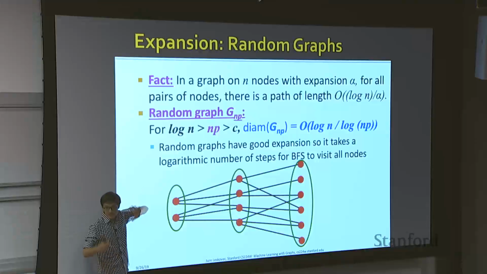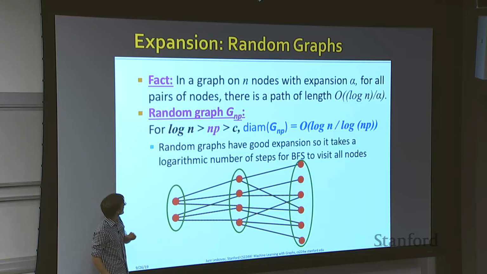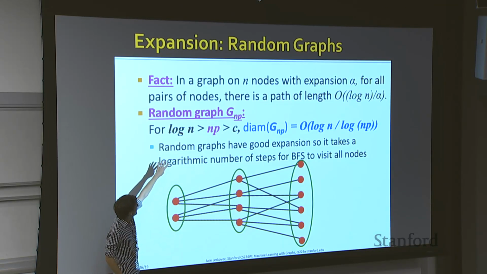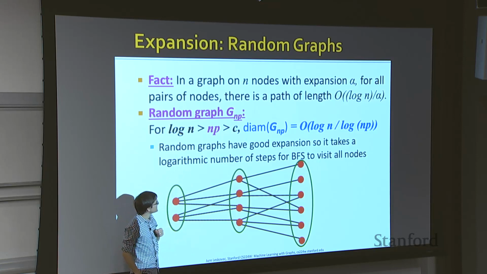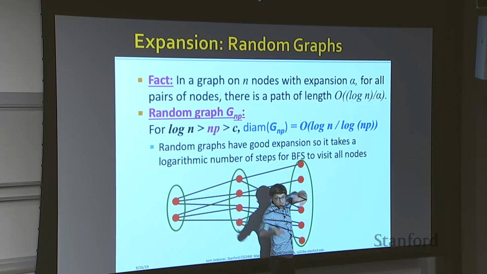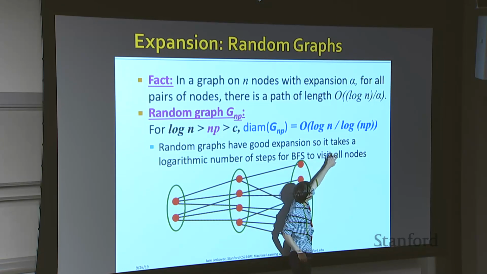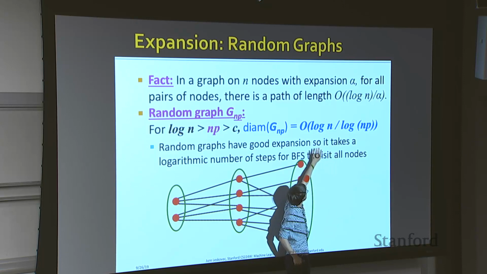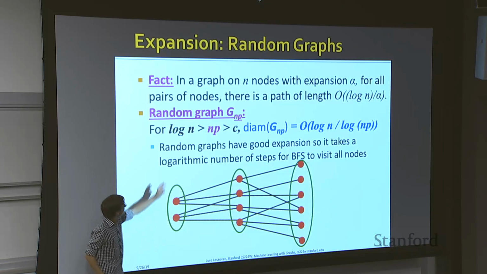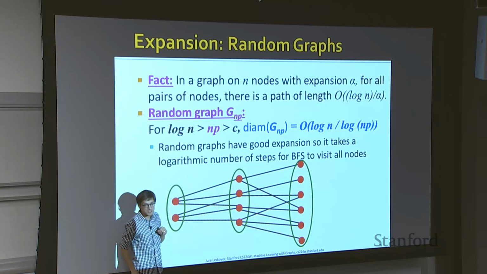So what is the precise expression for the random graph? When n times p, which is the average degree, is between log n and some constant c, then the diameter of the graph is of the order log n divided by log np. So you can just think of essentially log n as what matters. Now, why do I have this log n here and that constant?